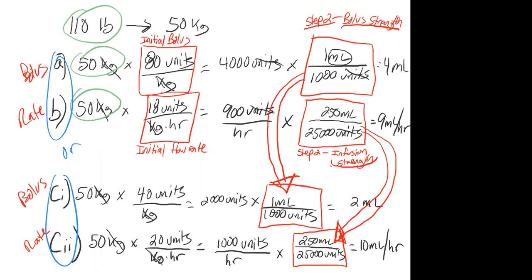You don't have to go through the initial bolus calculations to solve the math associated with the secondary, because you just follow the protocol. So on the test, you're telling me it's going to be either A and B or C1 and C2. Correct. So we're not going to have to do A, B, C1, C2. Correct. You only have to do 1 bolus, 1 rate.